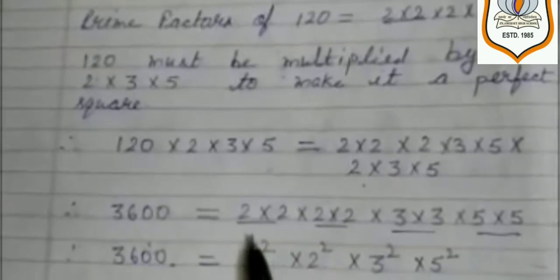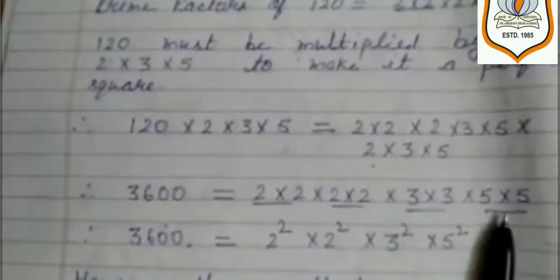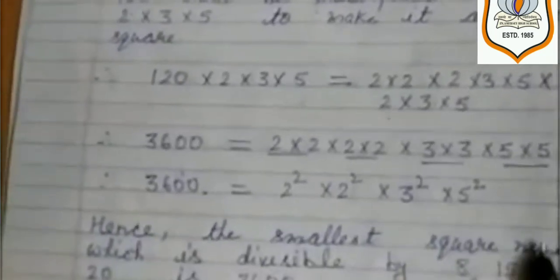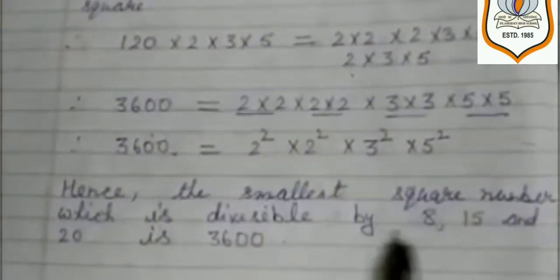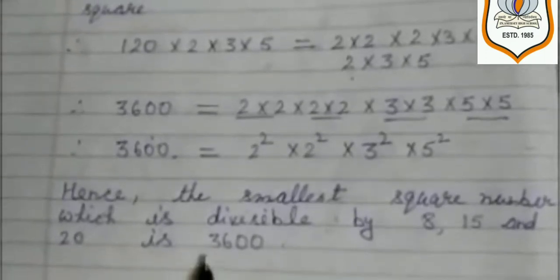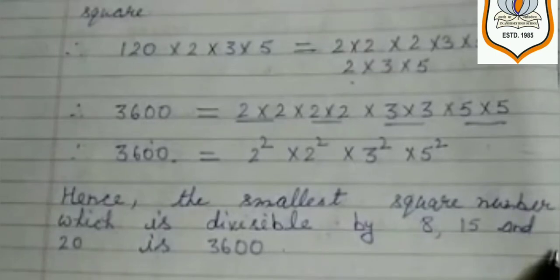We get 3600. Hence the smallest square number which is divisible by 8, 15 and 20 is 3600.